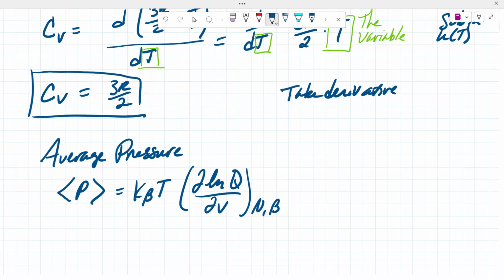Okay. So we would take the prescribed derivative as we just did for the C sub V formula, and this is how you can do it. All right, well, that is basically the major things that we need to discuss about the Boltzmann ensemble.